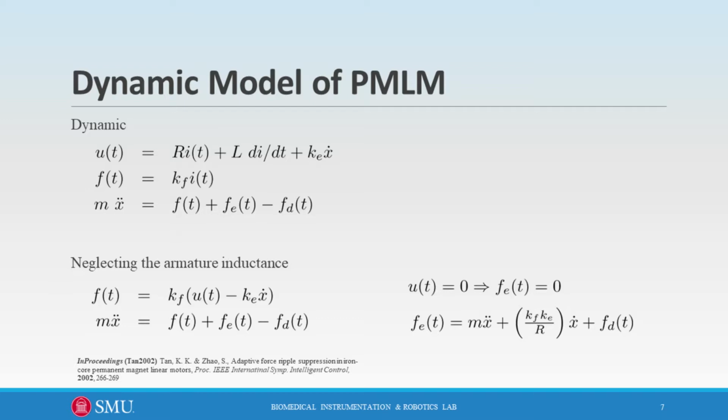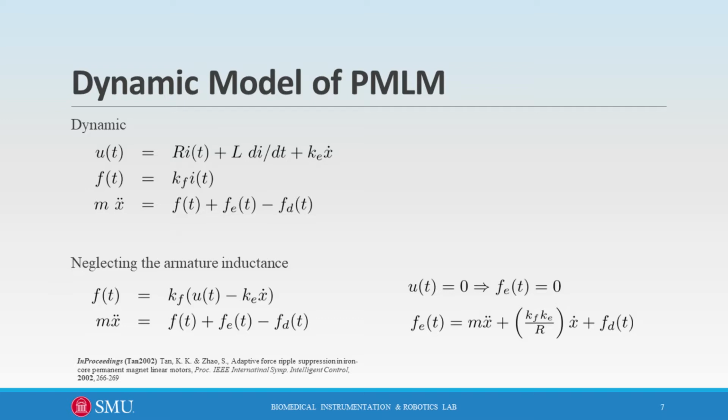Considering that when we do not apply voltage, or simply when the voltage is zero, we do not expect to see any external forces, we can simplify the external force model as shown in the last equation on the right. Therefore, since we assume that we are not applying any voltage at the terminal of the linear motor, this force should be zero, and it means that the right-hand side of this equation should also be zero.